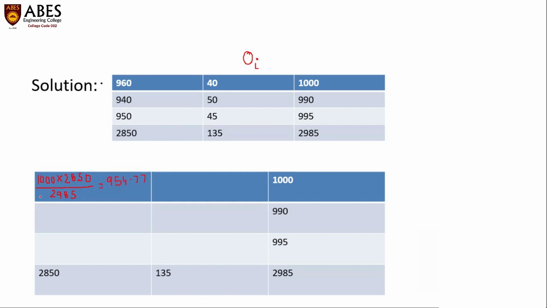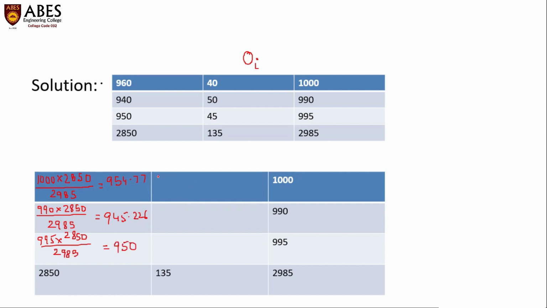Similarly, this will be 990 into 2850 divided by 2985, which is equal to 954.77. Similarly, this will be 990 into 2850 divided by 2985, which is equal to 945.226. Next entry will be 995 into 2850 divided by 2985, which is equal to 950.